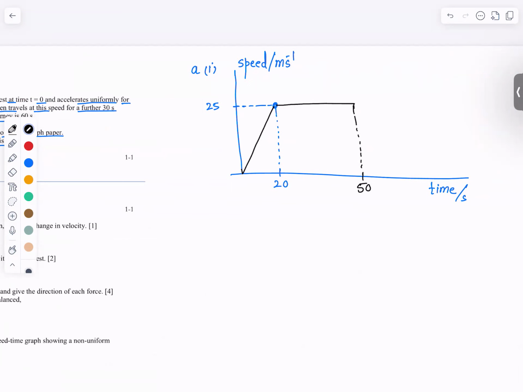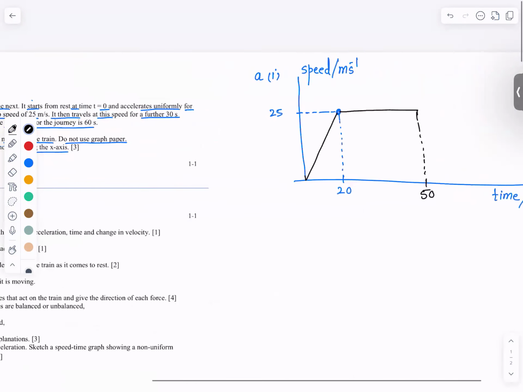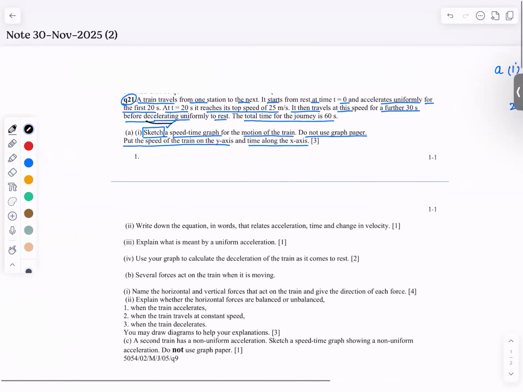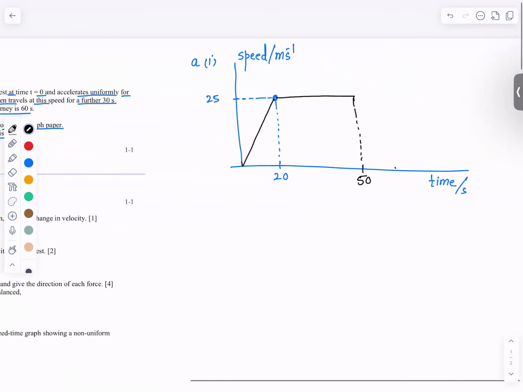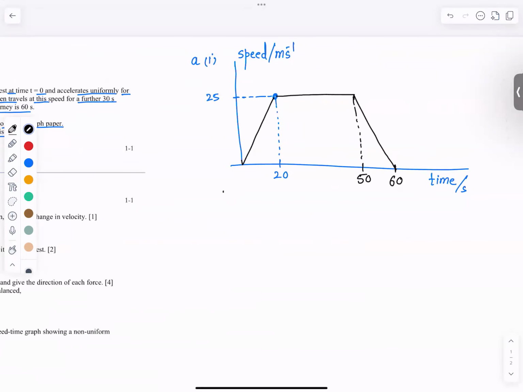Now the train stops at 60 seconds after decelerating uniformly. So from 50 to 60, the next 10 seconds, the train comes to rest by decelerating uniformly. It's a straight line graph because it's a uniform deceleration. Now this is the graph of speed versus time.